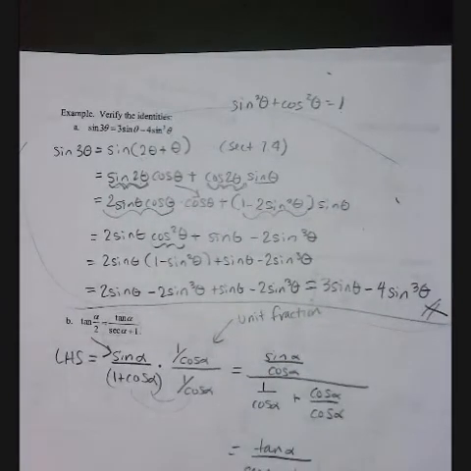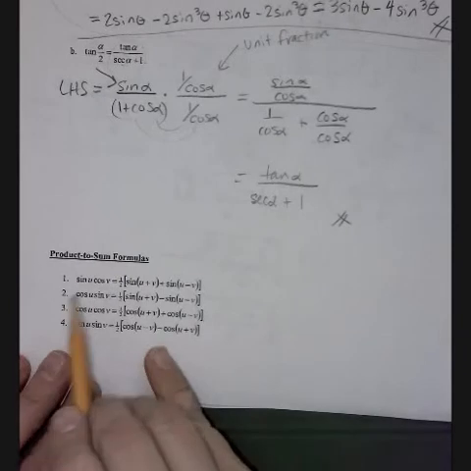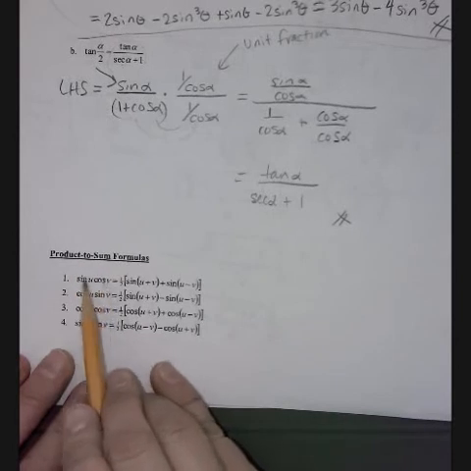We have 2 more sets to do, and we don't use these ones as often as the others. But let's just state them in case you need to use them. So this first set here, they're called product to sum formulas because you take a product of sine and cosine, and it becomes a sum.